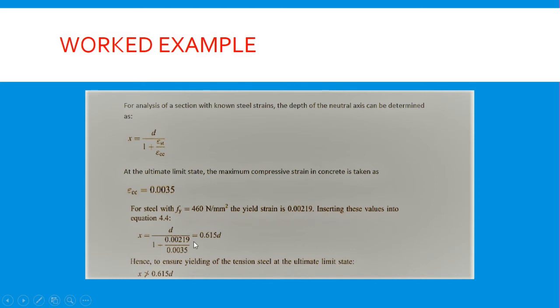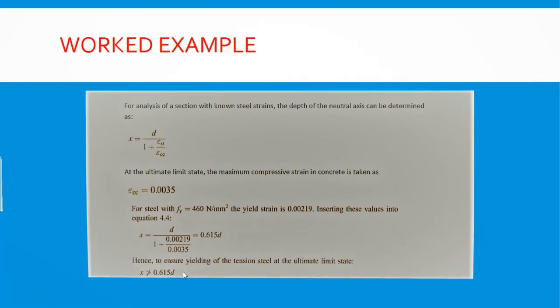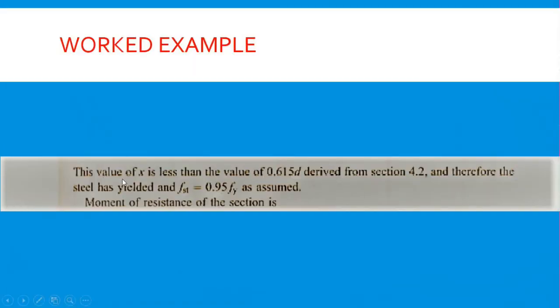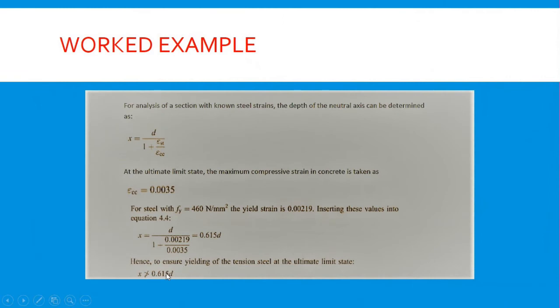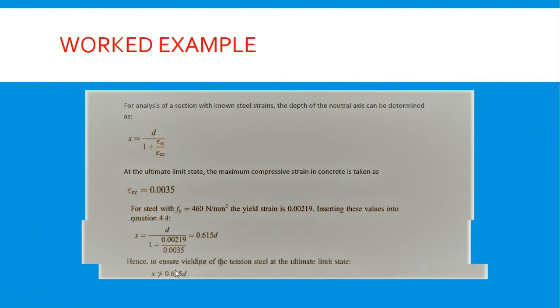Inserting the values in this equation, you find 0.615d. Hence, to ensure yielding of the tension steel at the ultimate limit state, x should not be greater than 0.615d. Here we got the value of x being less than that, meaning the steel has yielded.